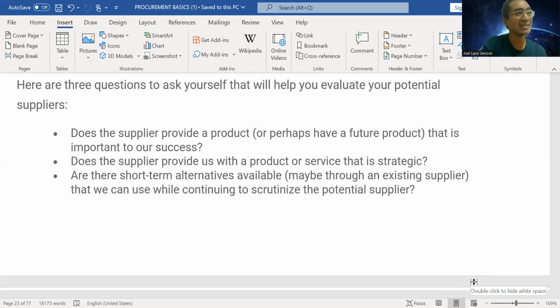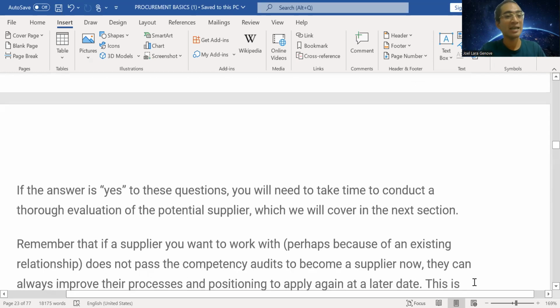How much is this? What if we get more of this? Do we get a discount? That's your supplier. Will we get some additional loyalty benefits if we get you for a couple of months? If you'll be our regular supplier, will you give us a discount? That's part of your scrutinizing.